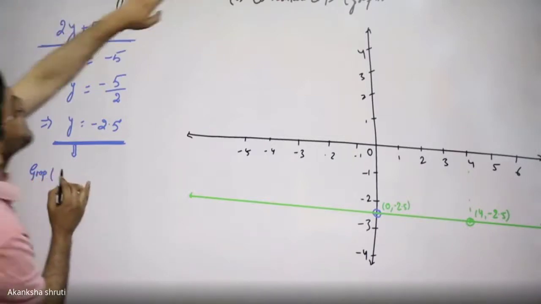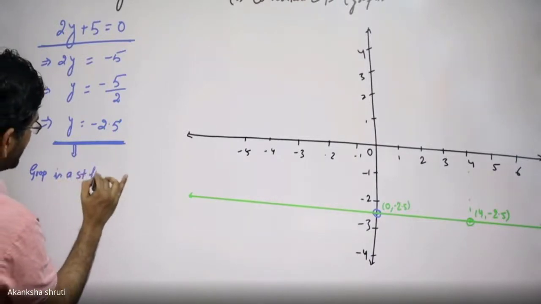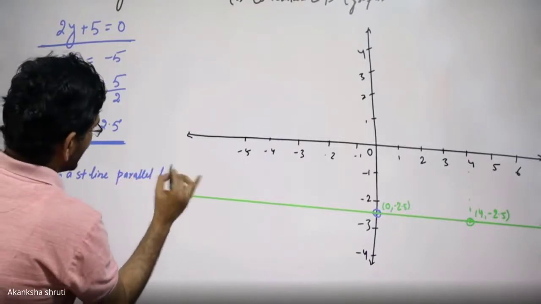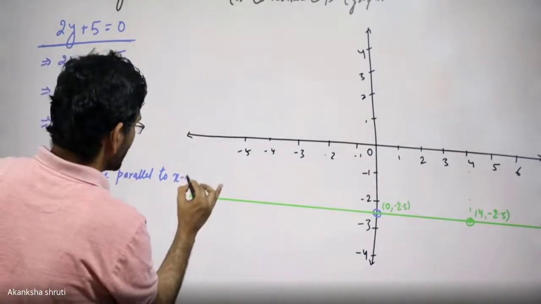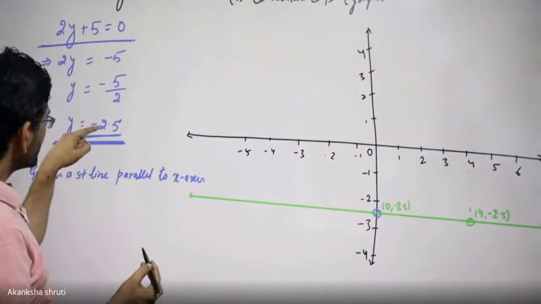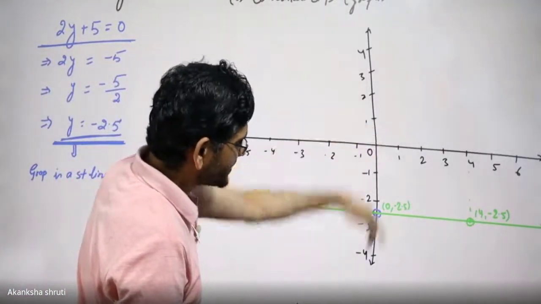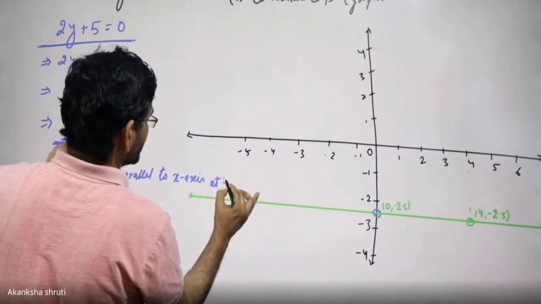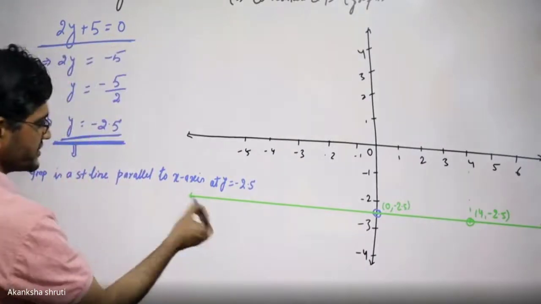The graph is a straight line, parallel to the x-axis, since y has some fixed value, and at 2.5 unit downward, toward the negative y-axis, at y is equal to minus 2.5. Directly we can write it. So it is this graph, okay?